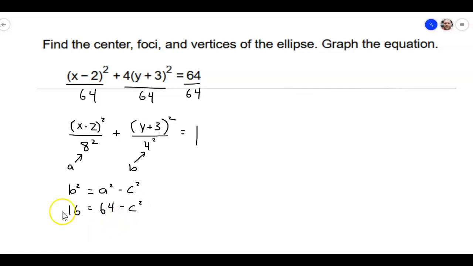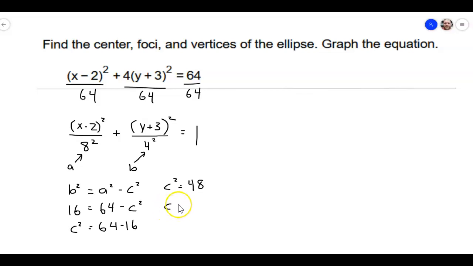So I'll add it to both sides, and then I'll subtract the 16 from both sides. So C squared is equal to 64 minus 16, or start over here: C squared is equal to 48, and I take the square root of both sides. And remember, for A, B, and C, we're only looking at the positive values.